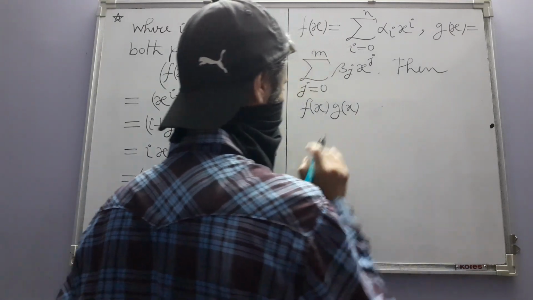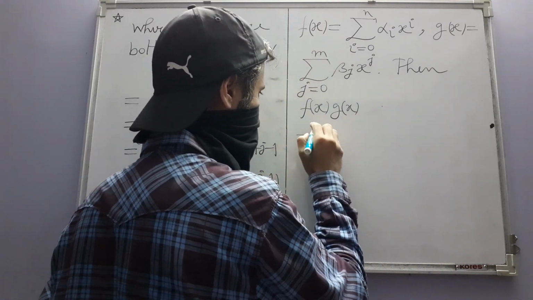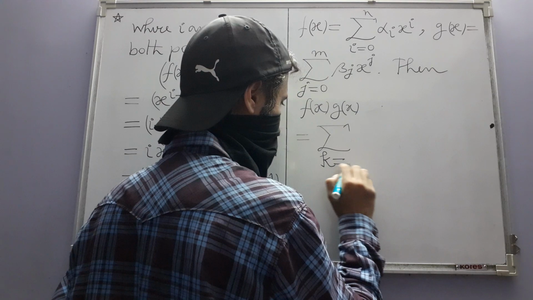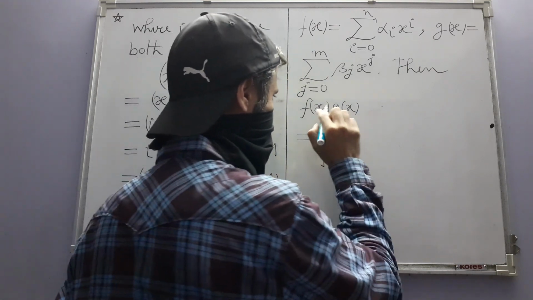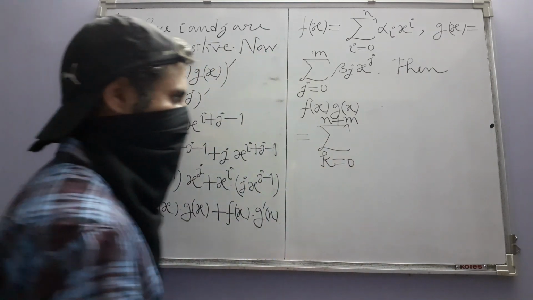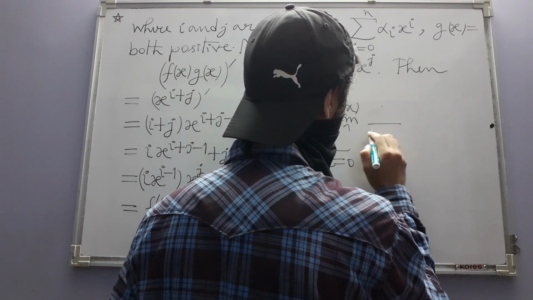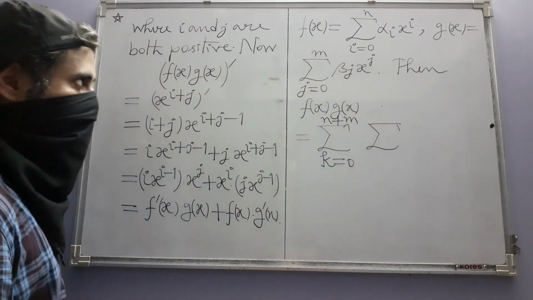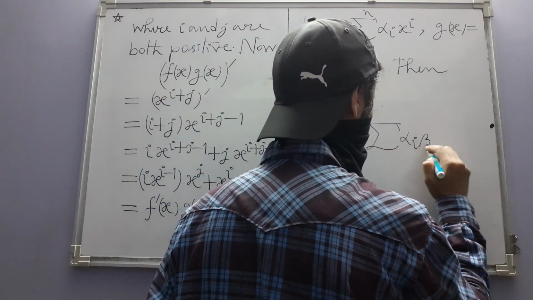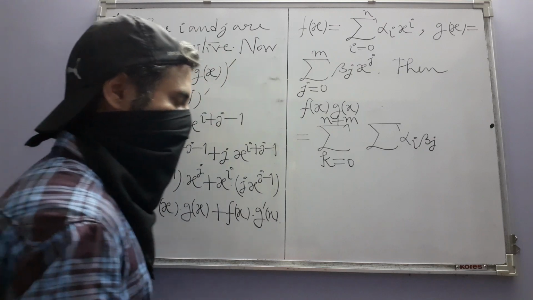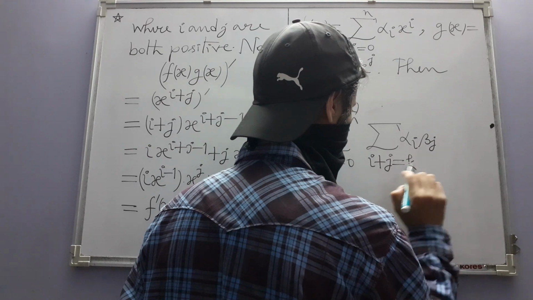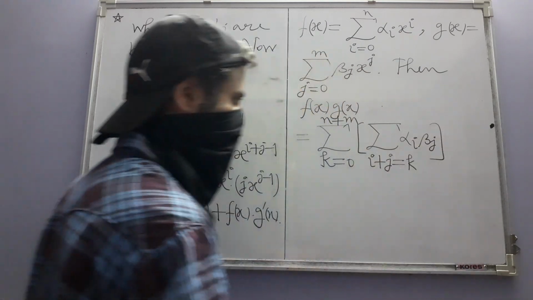So this will be, let me write it in the next line, the summation over k, let me introduce a new index, where it varies from 0 to n plus m, and here the coefficients will be multiplied in this manner: alpha i beta j, where i plus j is equal to k.